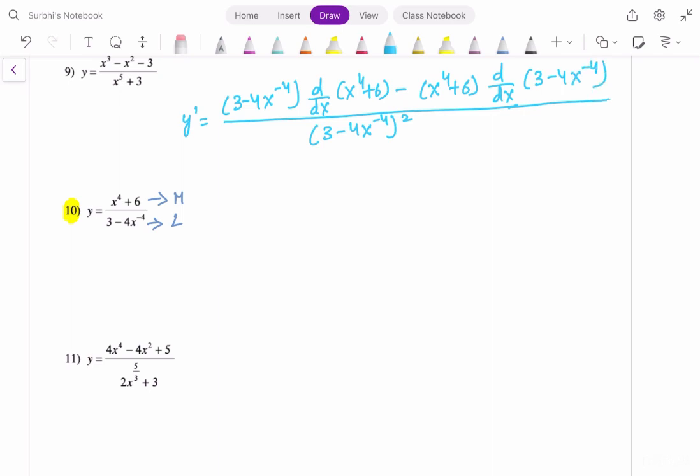And then use the power rule to find the derivative. So that will be derivative of x to the power of 4 plus 6 is 4x cubed.